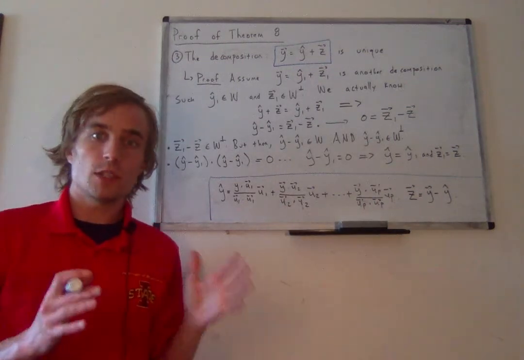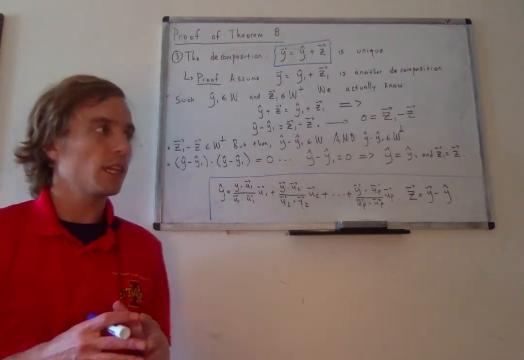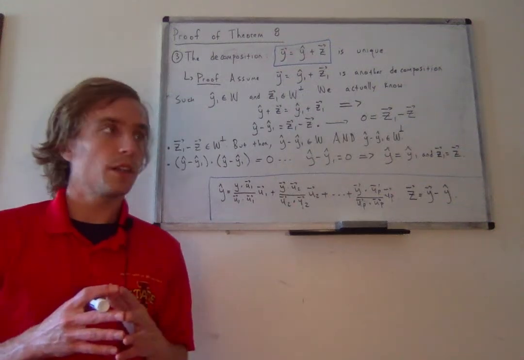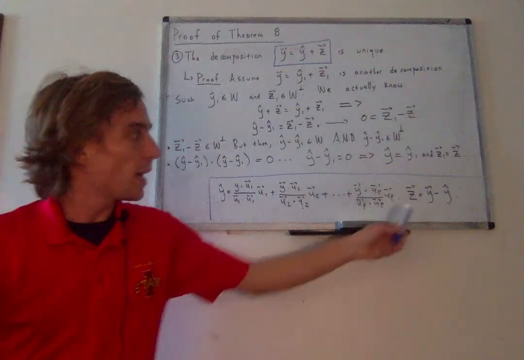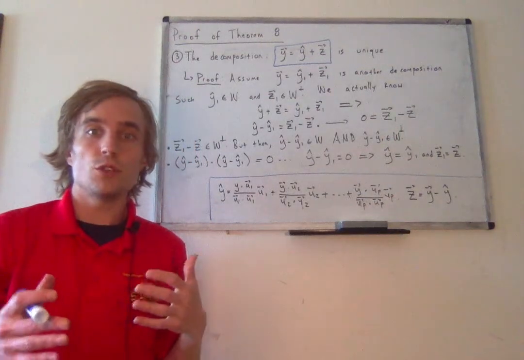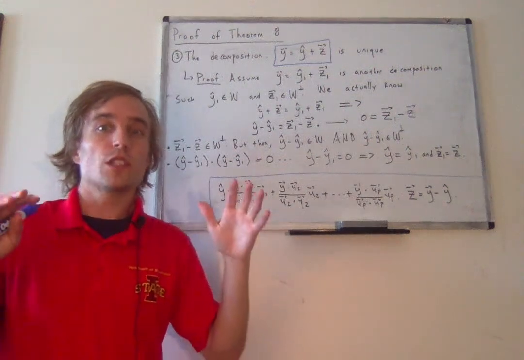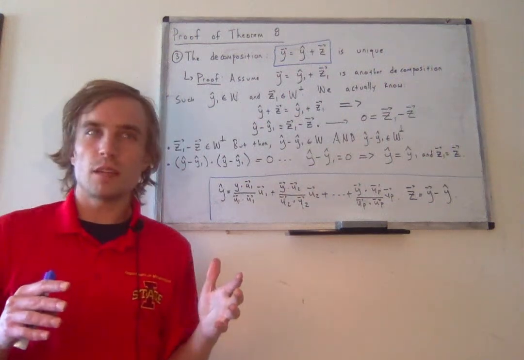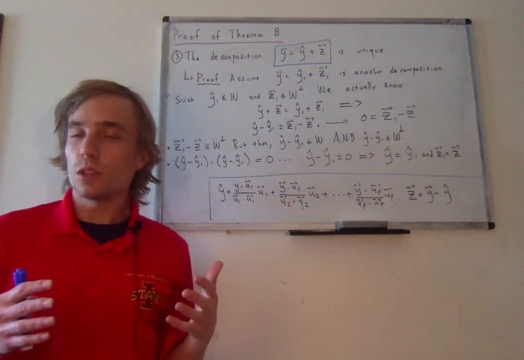And this should make some sense. Given the length of this video already, I think I'm going to put off the example until the next video. But this should make some sense, right? Because our goal in defining this decomposition was to have y hat be the closest vector in W to y. We wanted to find the vector in our subspace that was as close to this vector as possible. And you might not expect there would be multiple of these vectors.